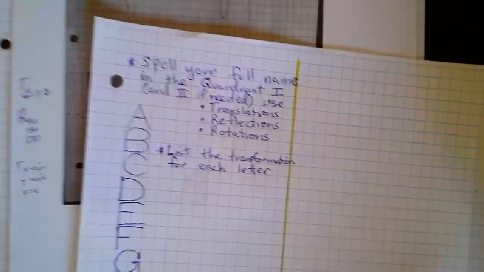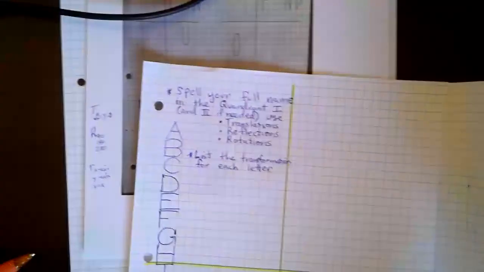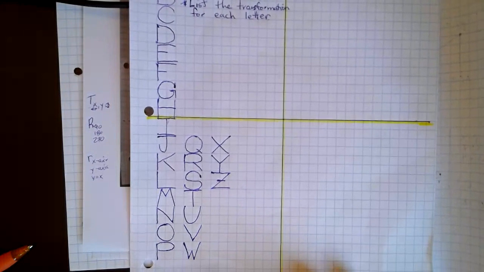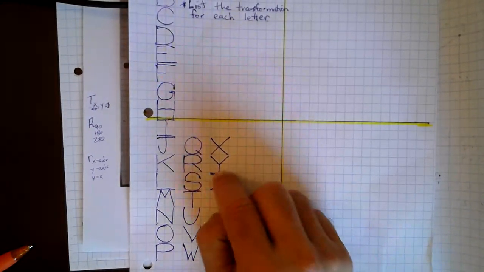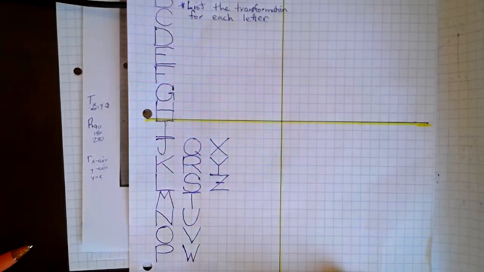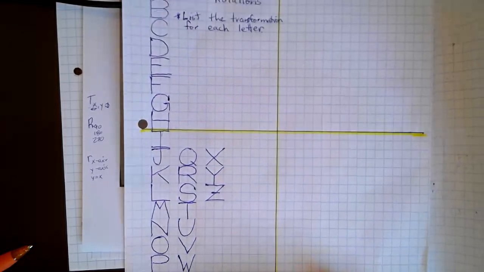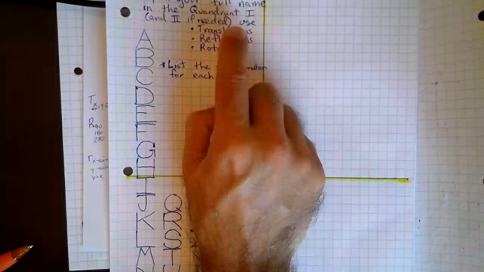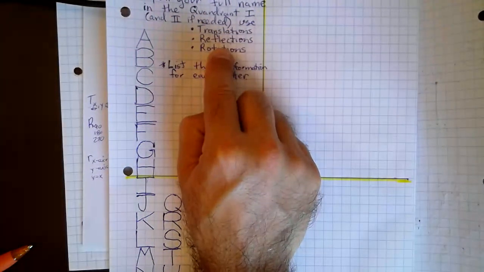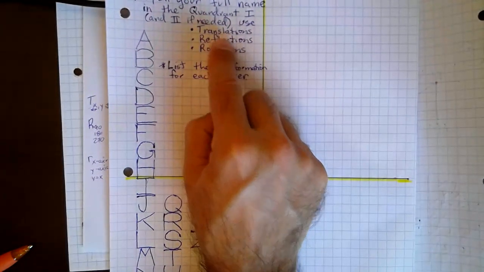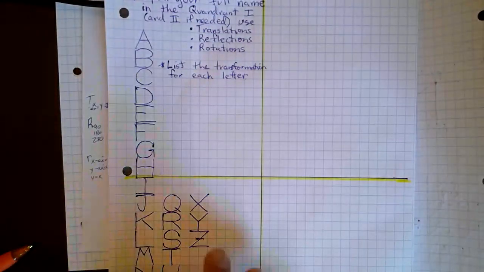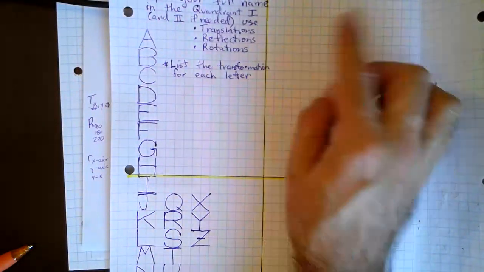And these are all of the starting points for A through Z. So you're going to have all these letters set up for you in nice, 2x2 shaped letters, so they're easy to move. And you're going to be translating, rotating, reflecting. And you have to use translations, reflections, and rotations. Now, you might just decide to use translations for most of them and do a couple of reflections and rotations. That's fine. But you're going to have to move them all and spell out, I'd be Zachary David Macias.